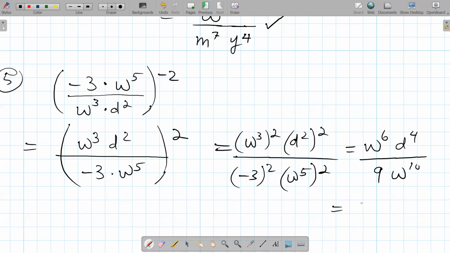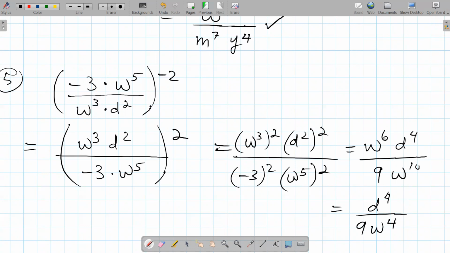You can cross out stuff here. In the numerator, you have what? W to the 6. In the denominator, you have what? W to the 10. We can use the quotient rule there to cross out some of the W's. So this is just going to give me D4 over 9 and W4.